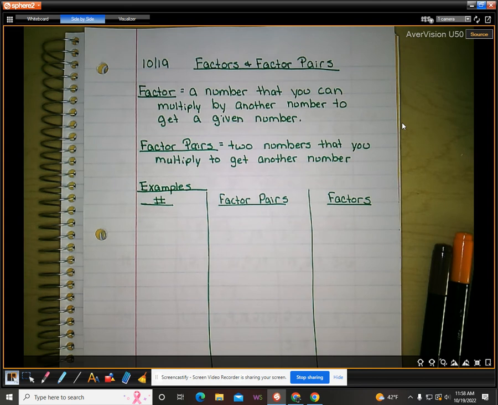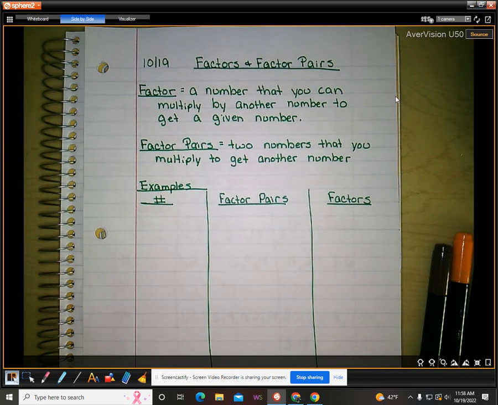They are 2 numbers that you multiply to get another number. Factors are just all the numbers you can multiply. A factor pair is each individual set: 1 and 45, 9 and 5, 3 and 15. Those are pairs because there are 2 of them. That's the difference between those 2 words. Questions about that? If you understand factor and you understand what a pair is, you'll know what a factor pair is.